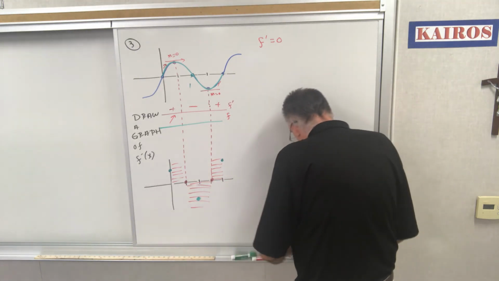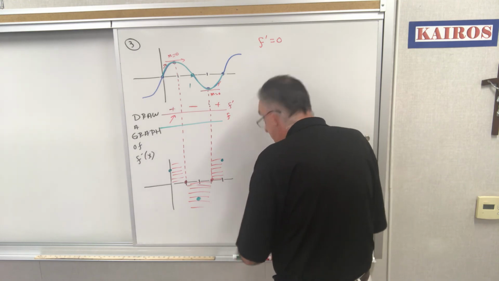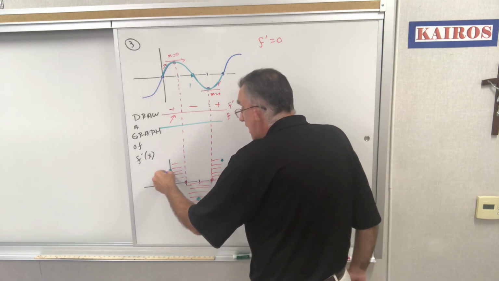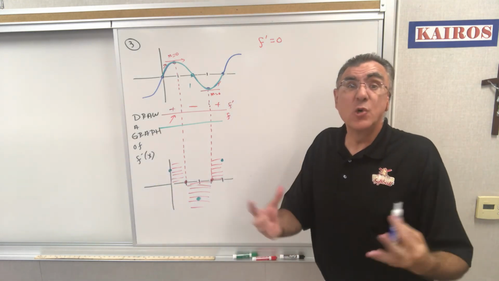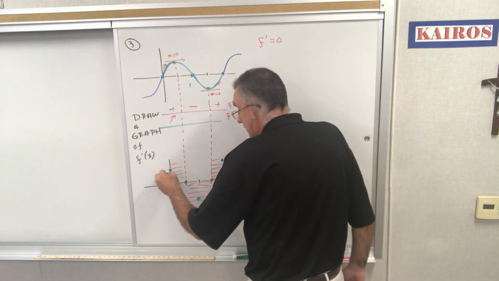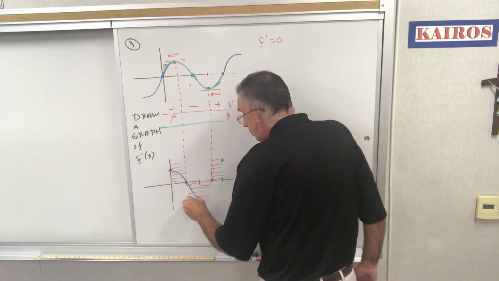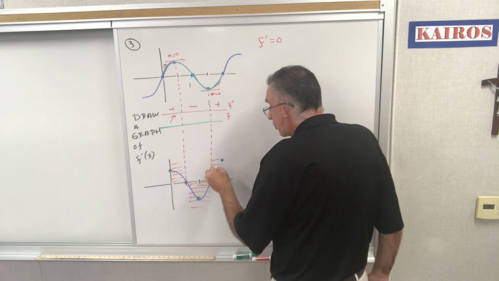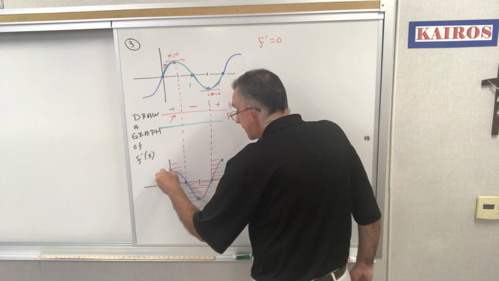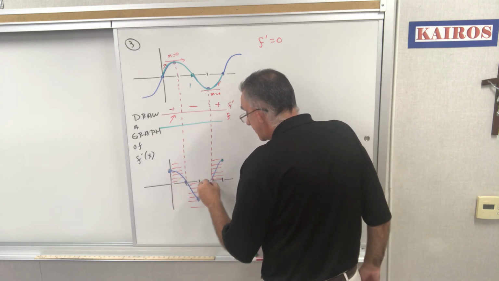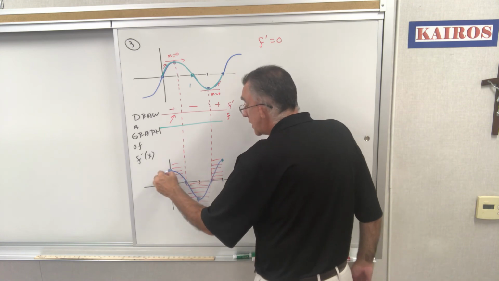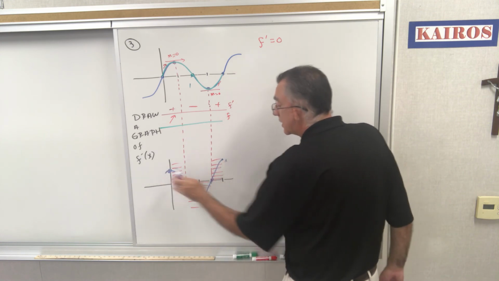So when you graph the actual derivative then, just connect the dots and try to do it as fluidly as possible. Now this is the most positive, it's going to kind of turn around after that, but let's not worry about that.